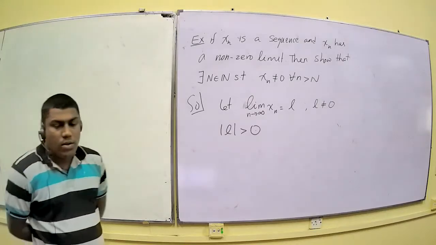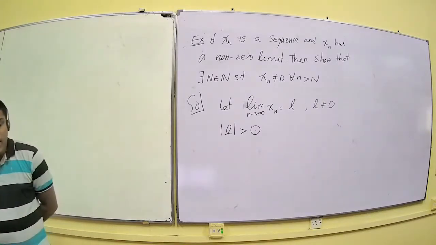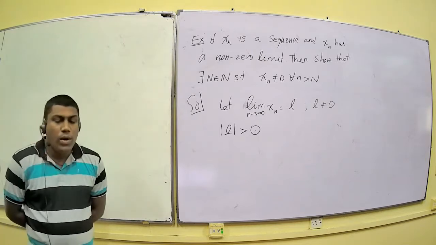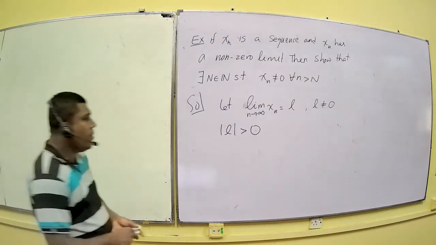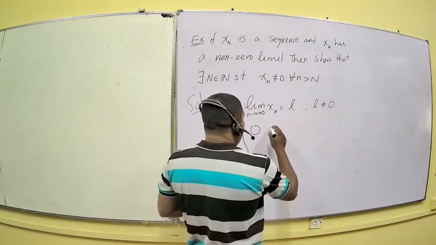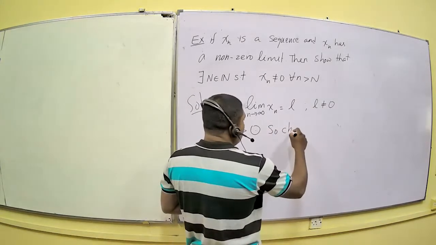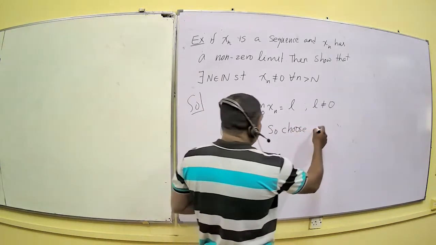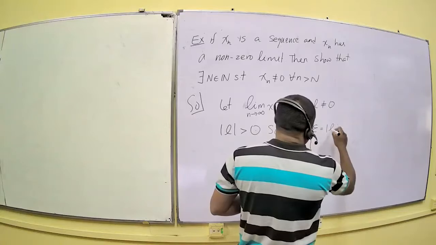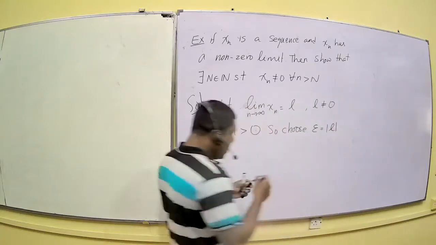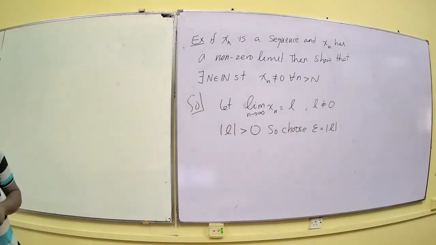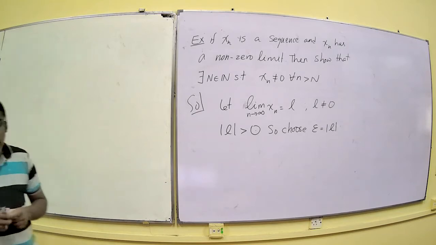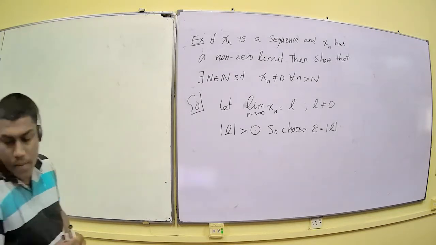So by the definition of the limit, you can choose epsilon as the absolute value of L. Because the definition says for every epsilon positive, and you know the absolute value of L is positive, you can take that as epsilon.